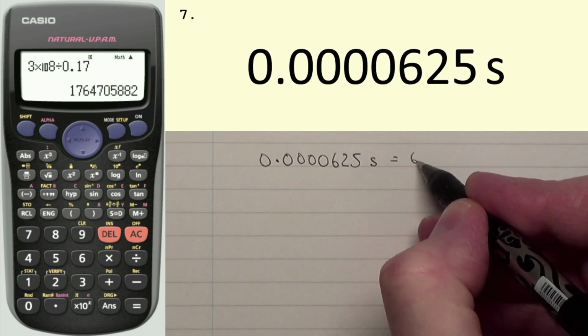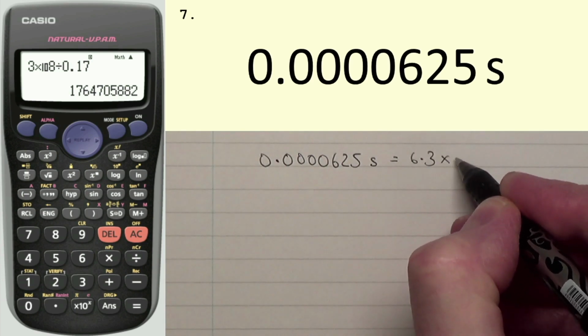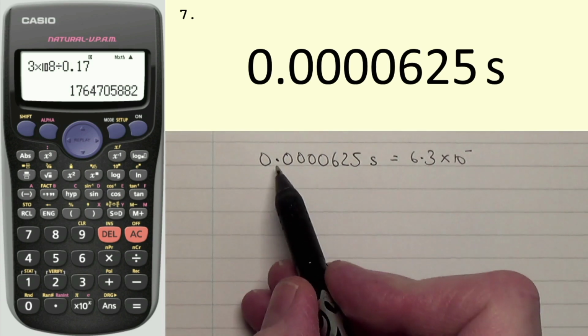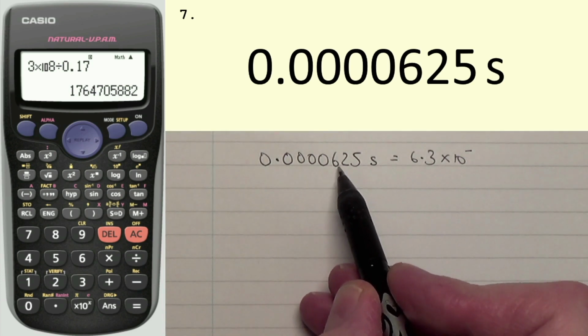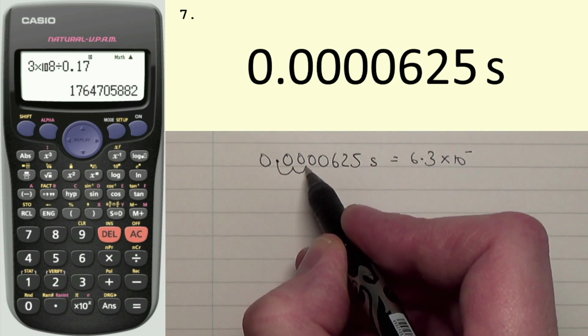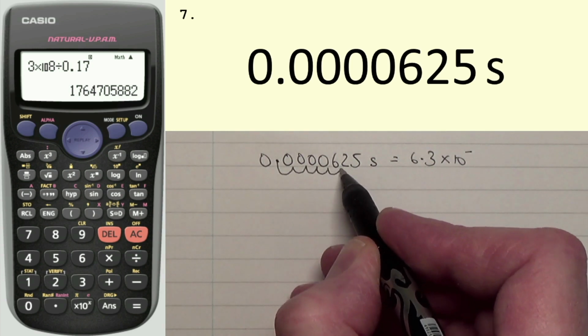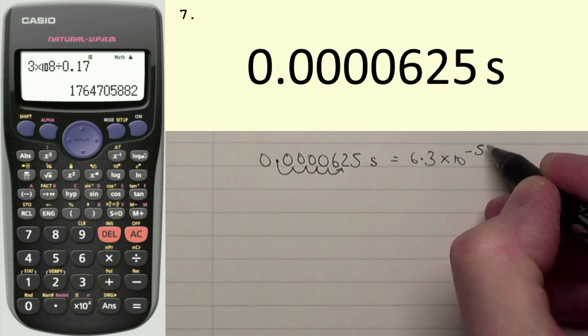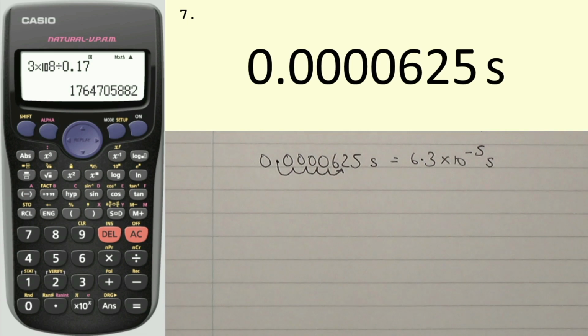So it's going to give us 6.3 times 10 to the power of, it's obviously a very small number, so it's times 10 to the negative, because I'm having to move this point to the right to get it between the 6 and the 2 there. I need to move it 1, 2, 3, 4, 5 positions. So that's 6.3 times 10 to the power of, sorry, negative 5 seconds.